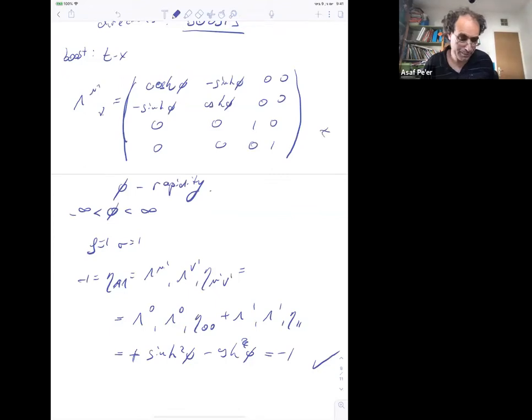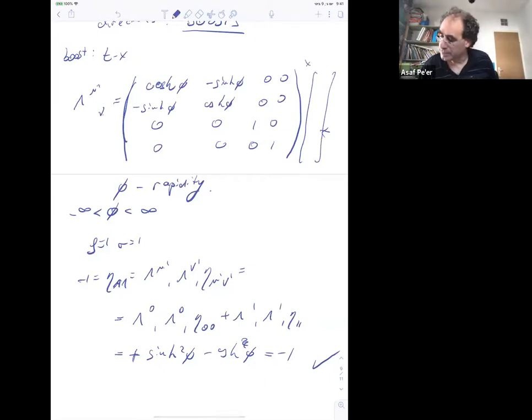Okay, now we can take that Lorentz transformation and put it in a somewhat more familiar form by multiplying it with the 4 vector x nu.